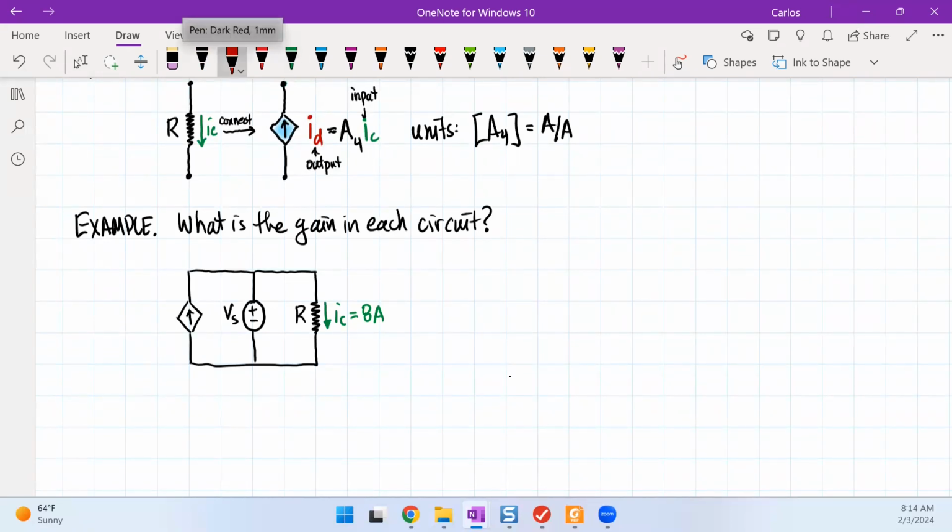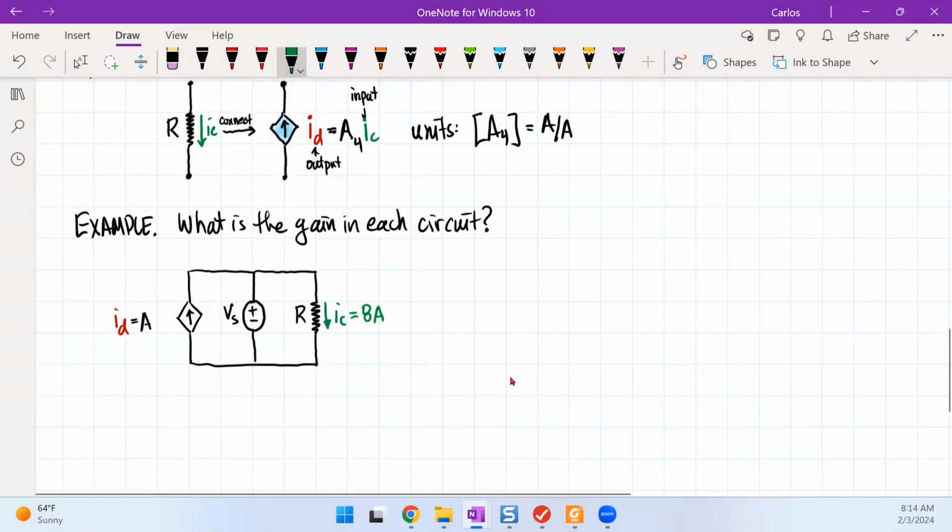So this guy over here is a current-controlled current source. And we're going to say that this current here is going to have a value of 32 amps.